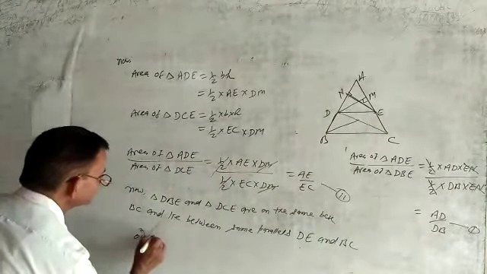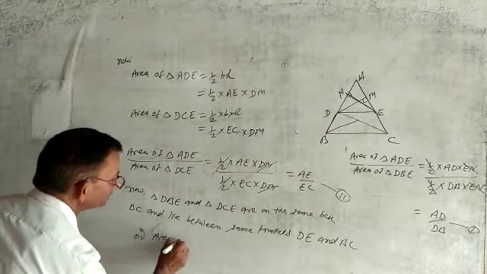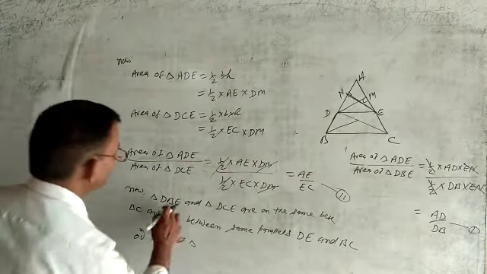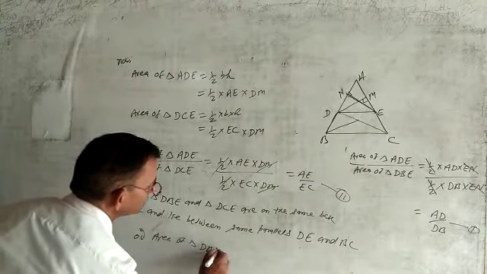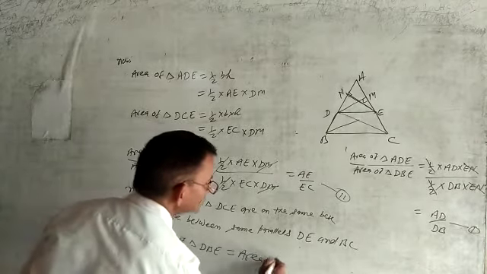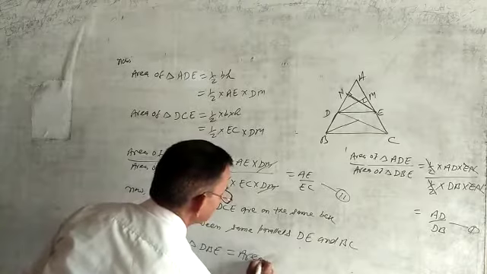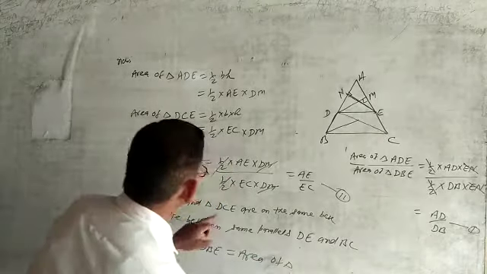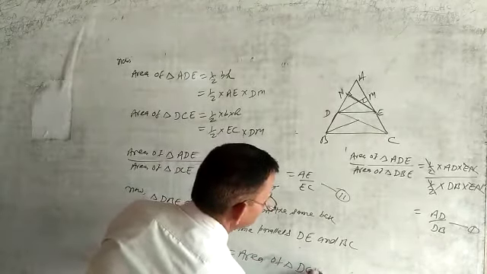Hence, area of triangle DBE is equal to area of triangle DCE.